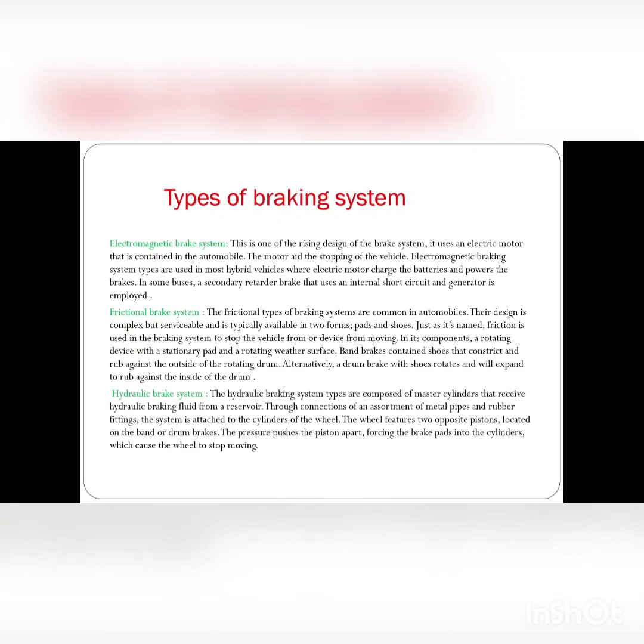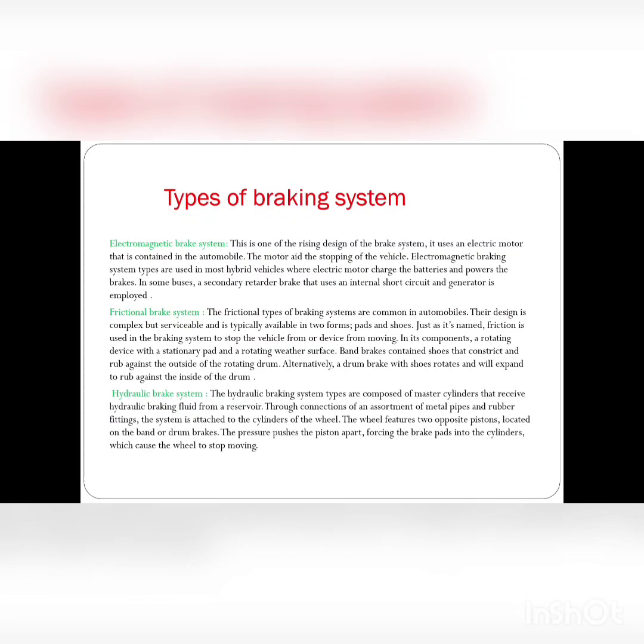Frictional brake system. The frictional type of brake system is common in automobiles. Their design is complex but serviceable, and it's typically available in two forms, pads and shoes. As the name suggests, friction is used in the braking system to stop the vehicle from moving.